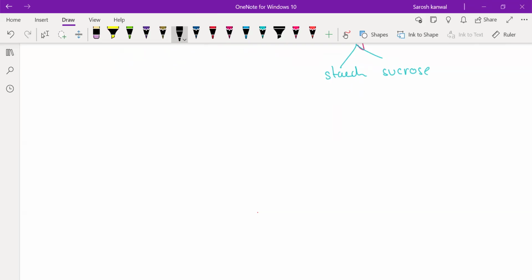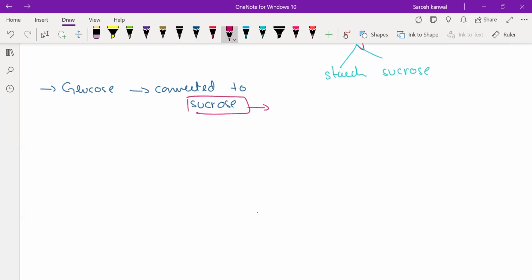So when that glucose is made, first it is quickly converted to sucrose, right? And then it is transported around the plant.